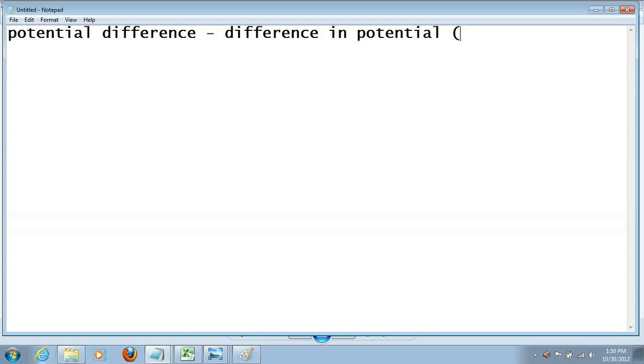Difference in potential is nothing but energy. Potential is just a new word for energy: when you talk about electricity, we will not use the word energy, we will use the word potential.